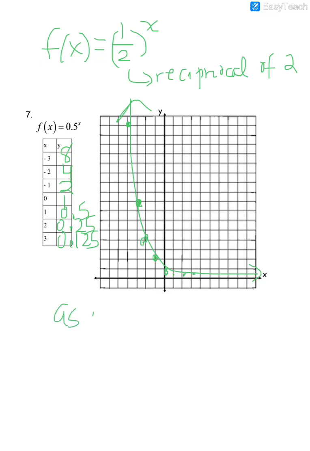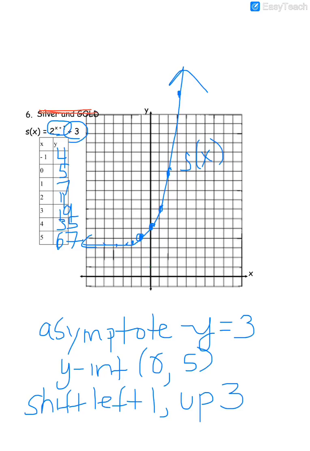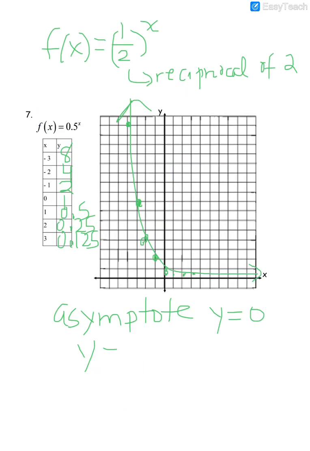So the asymptote is y equals 0. The y-intercept, sorry, I'm saying that wrong. Did I say that wrong on the prior page? Nope, I did it right. Okay, so the y-intercept is still 0, 1, the same y-intercept.